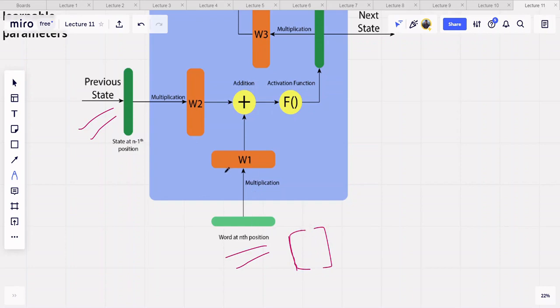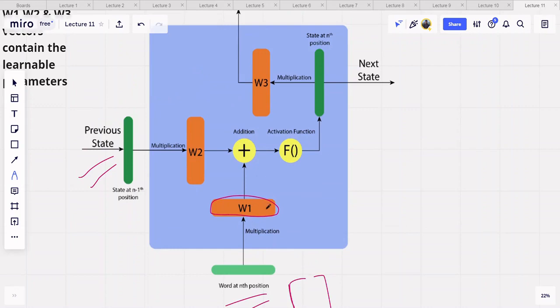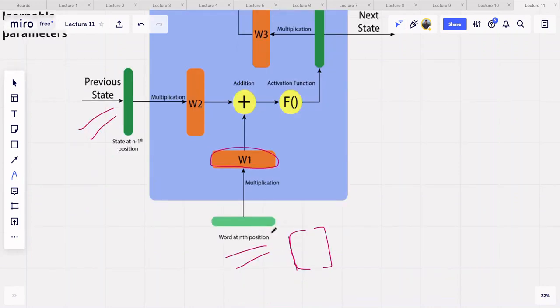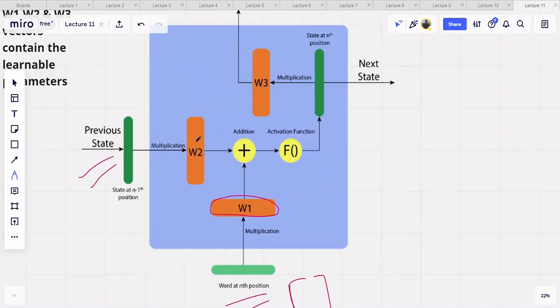Then at the first step this vector gets multiplied with the weight vector, and their product is added with the multiplication of the hidden state and another weight vector. So our input gets multiplied by w1, and our hidden state gets multiplied by w2, and the result of these two multiplications is then added together. When it's added together we get one single vector at this point.